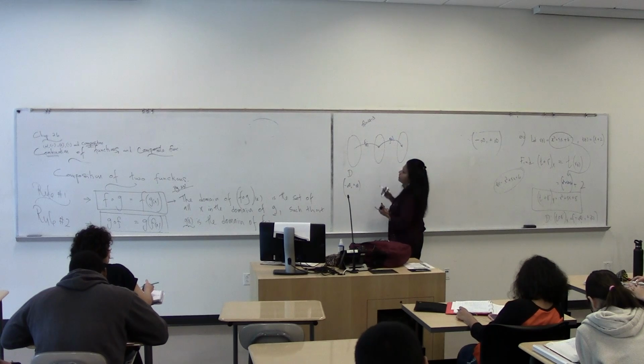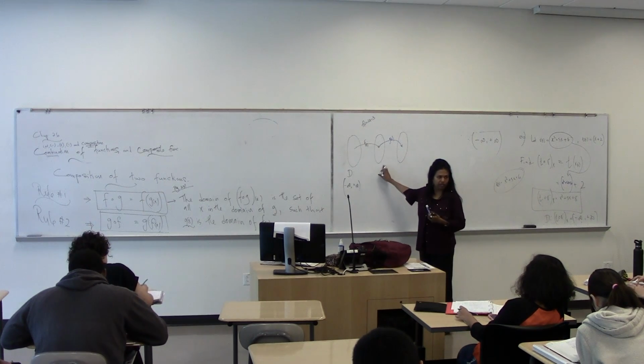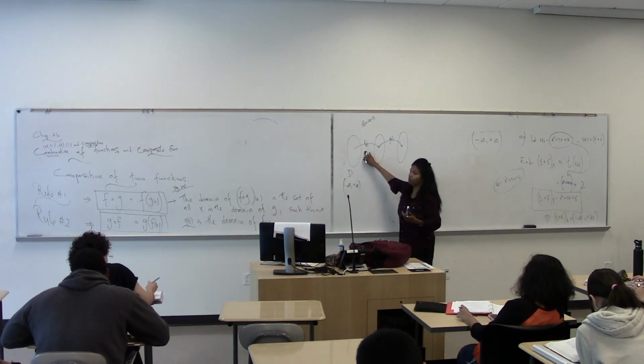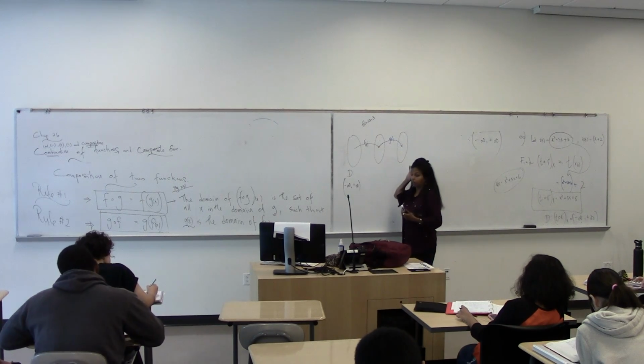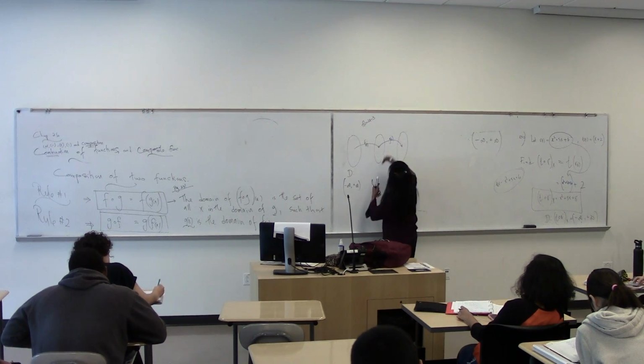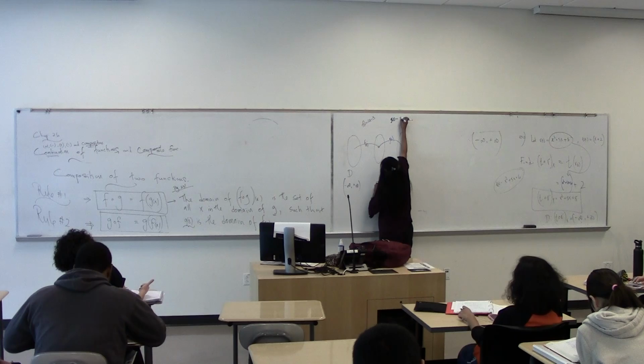I'm using a different rule. There are two rules in this whole thing: I'm going to use one rule here and another rule there. For g of x, let's say g of x is equal to x squared.